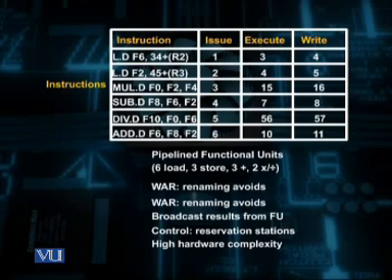There are 6 load, 3 store, 3 add, and 2 multiply or divide units. Whereas in the scoreboard, there are multiple functional units: 1 load store, 1 add, 2 multiply, and 1 divide unit.